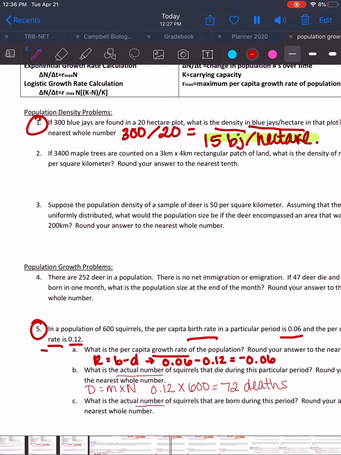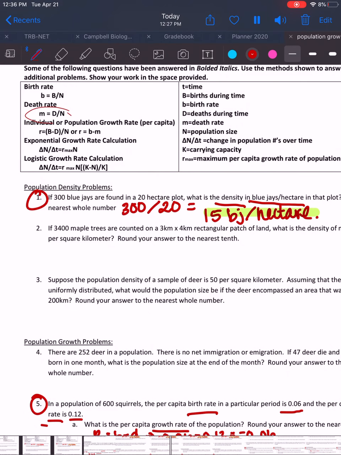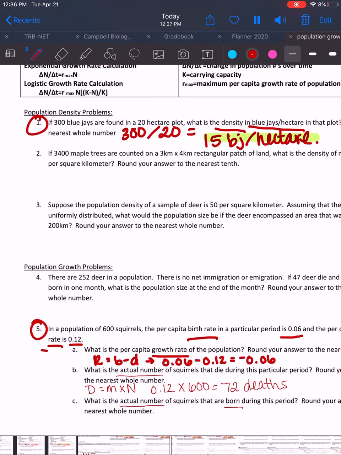Okay, so let's look at C. What is the actual number of squirrels that were born during this period? Again, we're going to use my birth rate. We have to rearrange that equation a little bit because we know the birth rate, but we want to know how many squirrels were actually born during this time. So we're going to use capital B equals lowercase b times the number in the population.